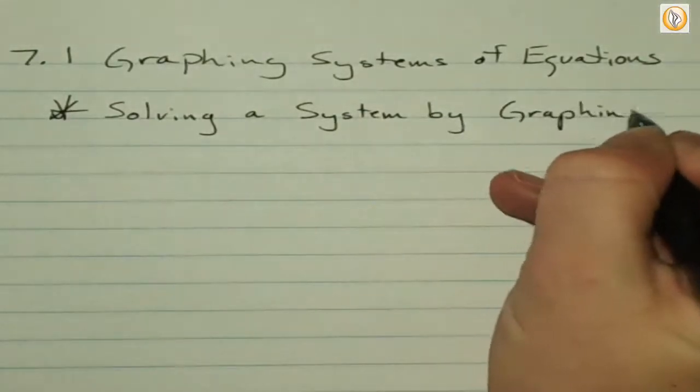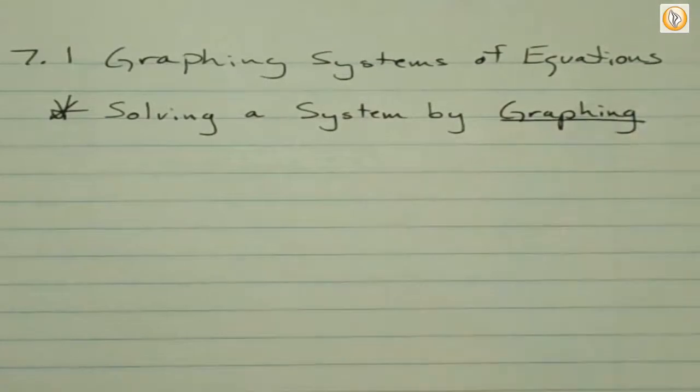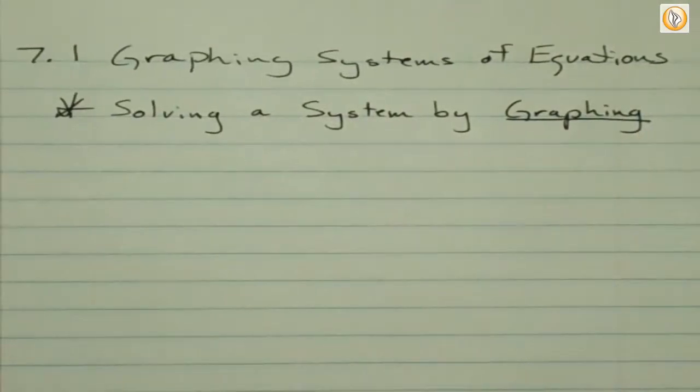I know you're like, how is that different? Okay, so we're going to solve a system, and I'll explain what that means, and we're going to solve it by graphing.